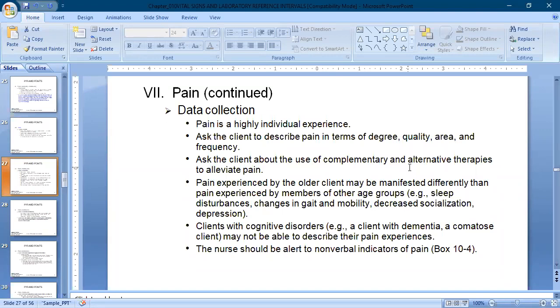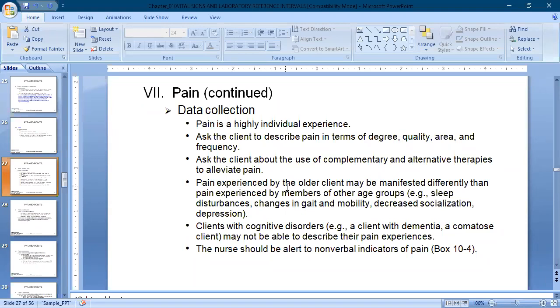So sometimes when a patient has pain, we try to motivate them, or divert their concentration to other things, like music, like changing the subject, or non-pharmacological measures like relaxation therapy or massage therapy. So it is called complementary medicine or alternative medicine for the patient's pain.